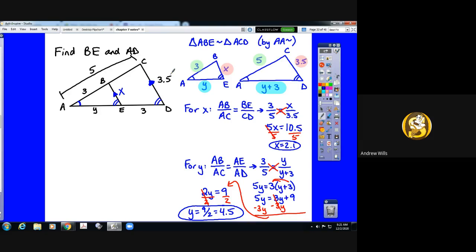Now we found x and y, but that is not what the problem asks us to find. The problem asks us to find BE and AD. Well, BE is easy because BE is equal to that x that we added to the problem. So BE would be 2.1 units.